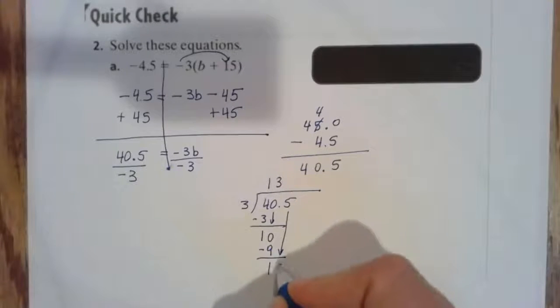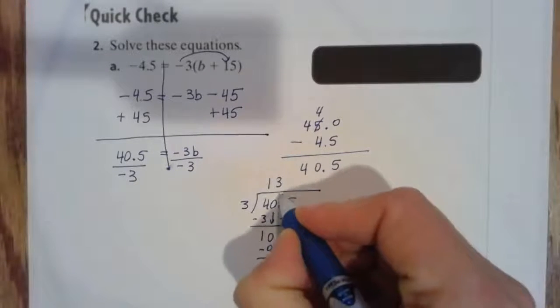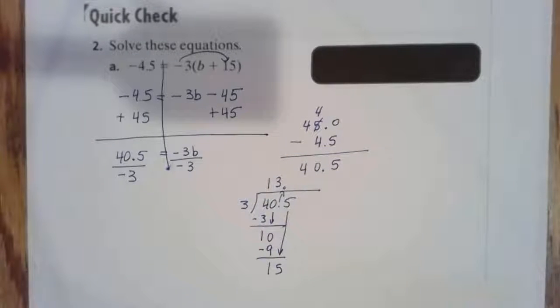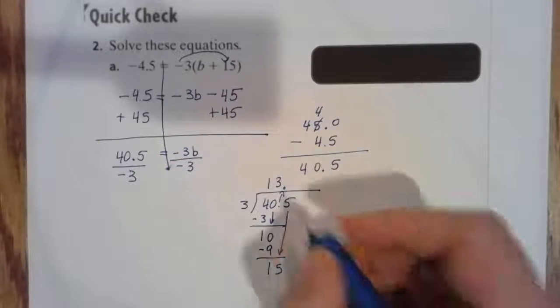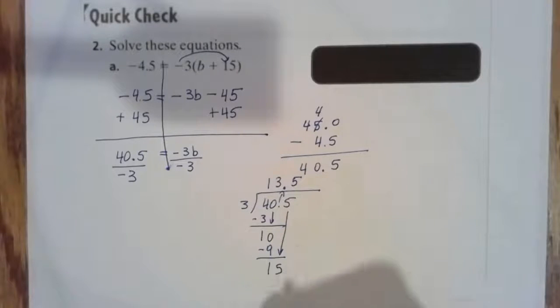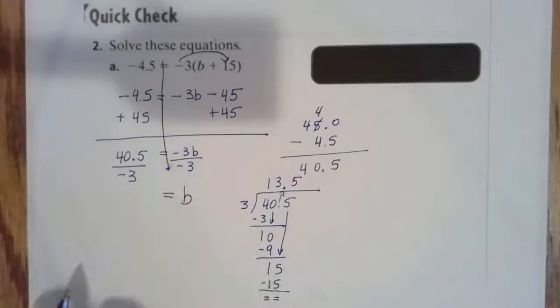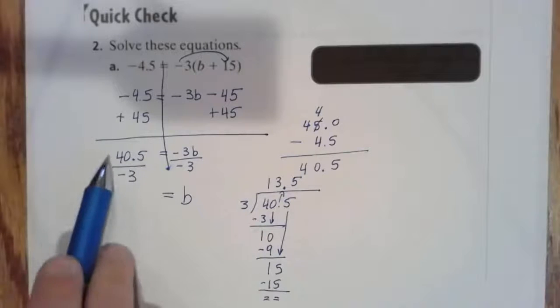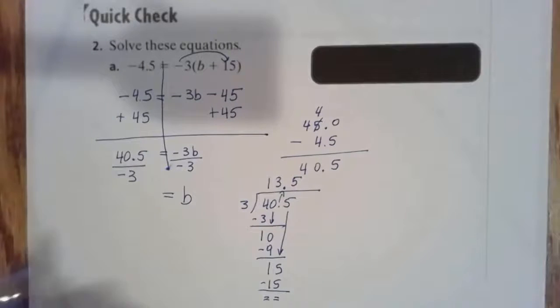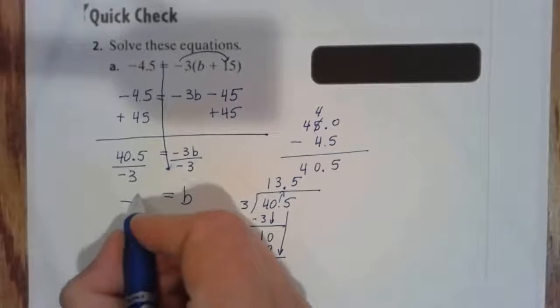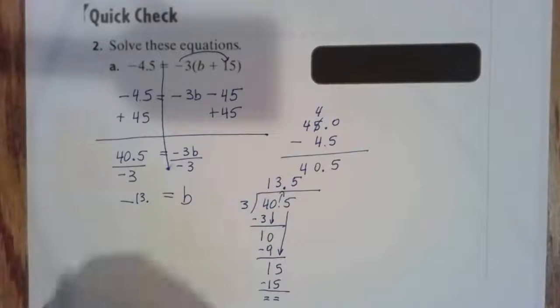Bring 5 down. Don't forget that decimal up here. How many 3's in 15? 5. 5 times 3, 15. So I'm done with this one. So that means that my b is, now careful with the sign, positive divided by negative is negative 13.5.